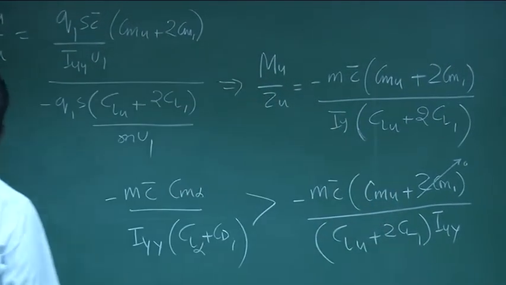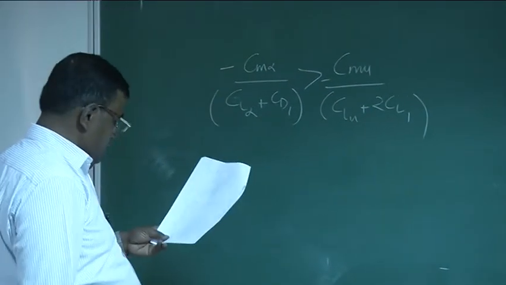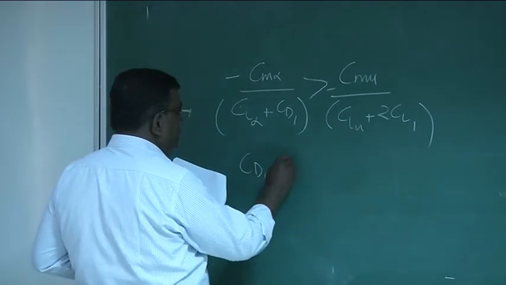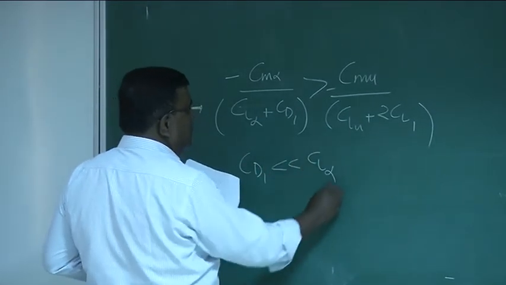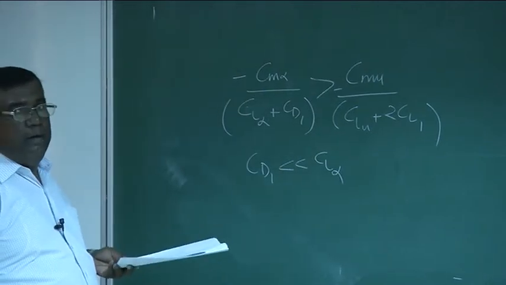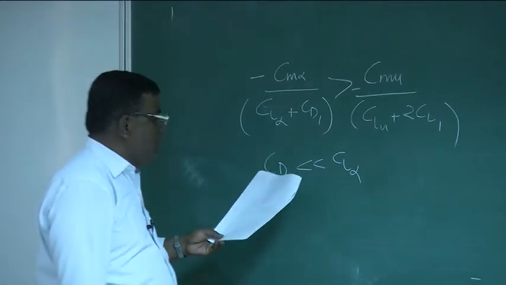So that is what is prevailing here. Now, if I say CD1 is small compared to CL alpha, it's very true. CD1 could be 0.025, CL alpha will be around 5.5. So this is a good approximation.